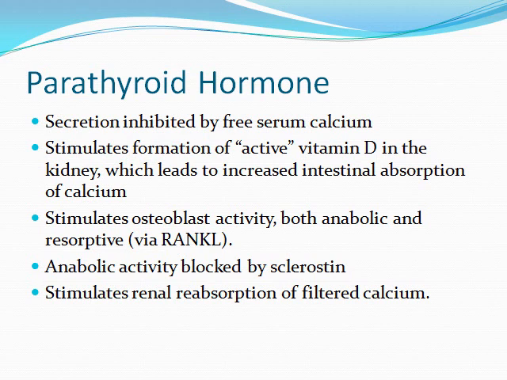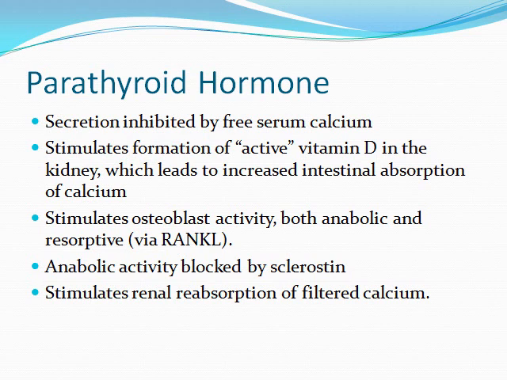Just to mention parathyroid hormone, which is a key stimulant of the whole process. Parathyroid hormone secretion is inhibited by free serum calcium. So when the serum calcium drops, parathyroid hormone secretion will increase, and this will then lead to stimulation of active vitamin D, that's the 1,25-dihydroxy vitamin D, in the kidney.